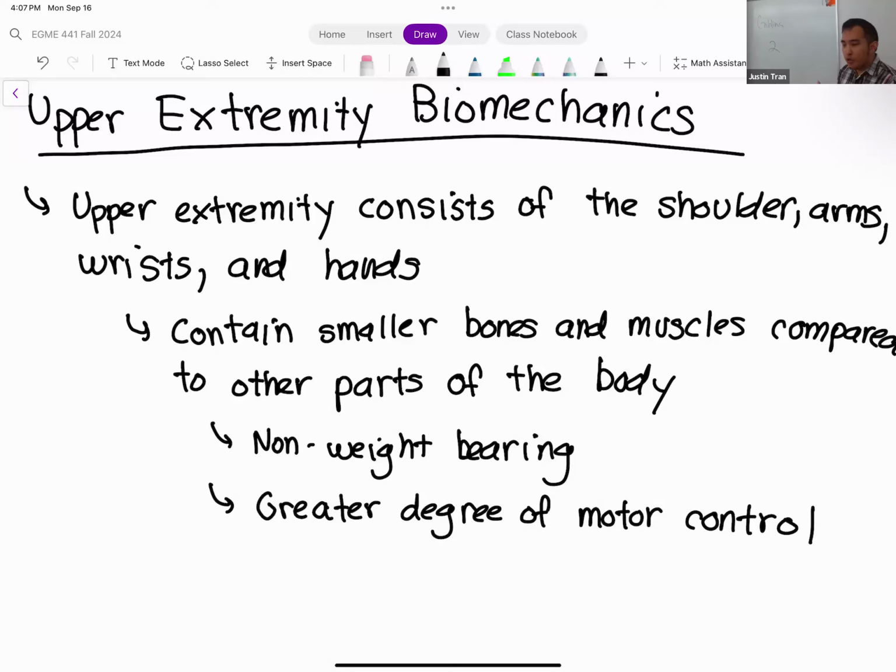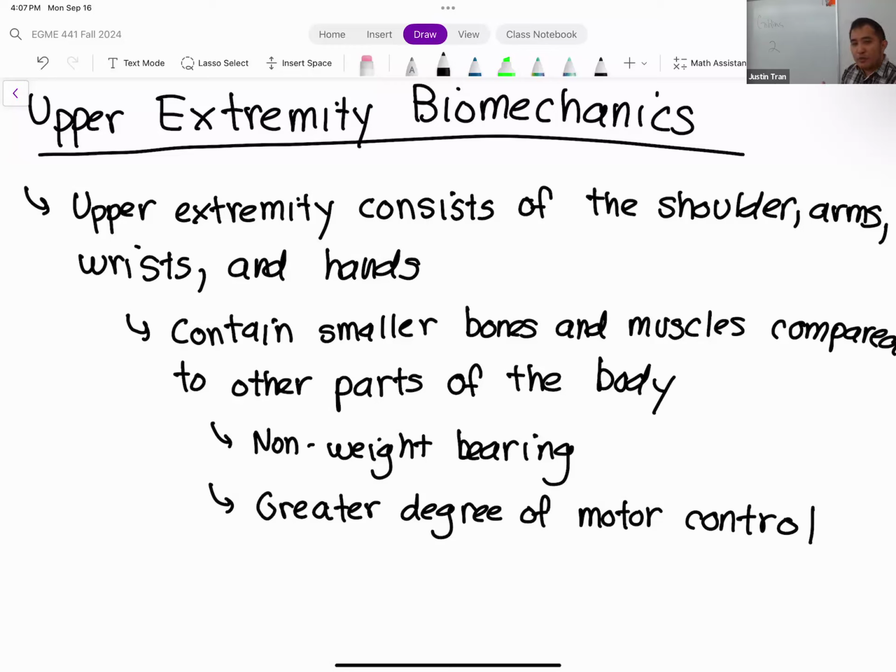So in your hands and your arms and your shoulders, you have quite a lot of nerves going to those because your upper extremity is responsible for a lot of the delicate movements that you do. Even something as simple as just writing notes on your paper, right?